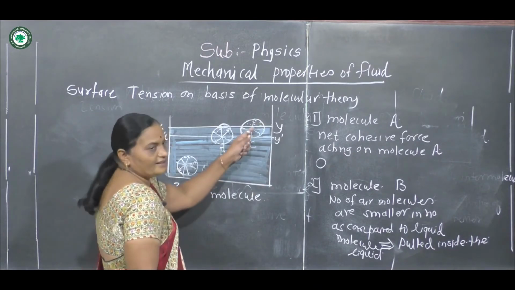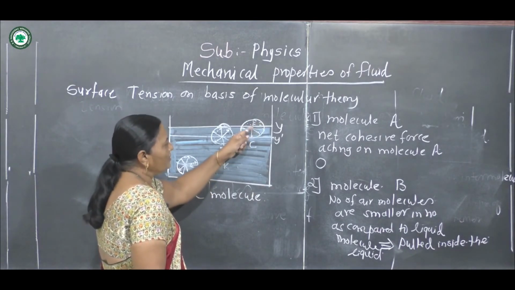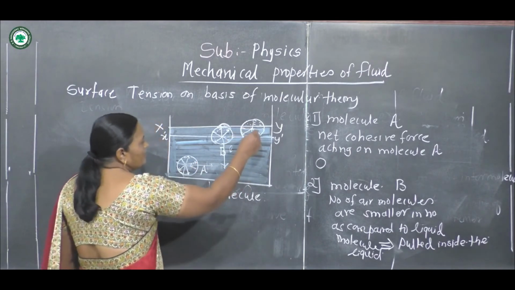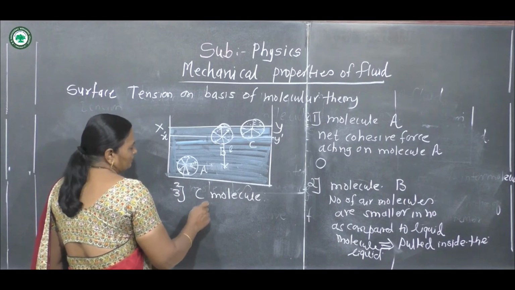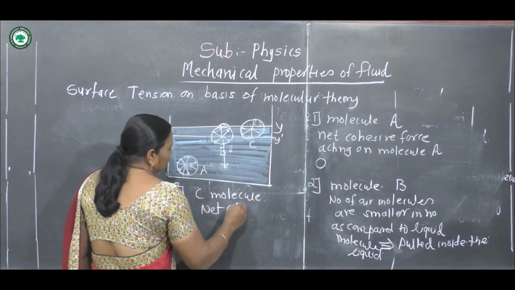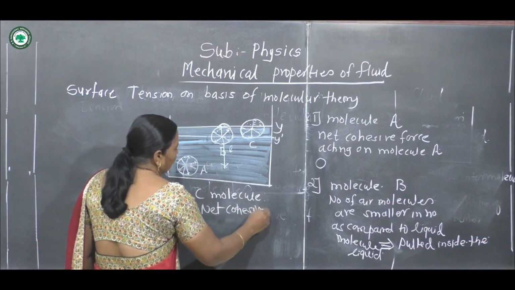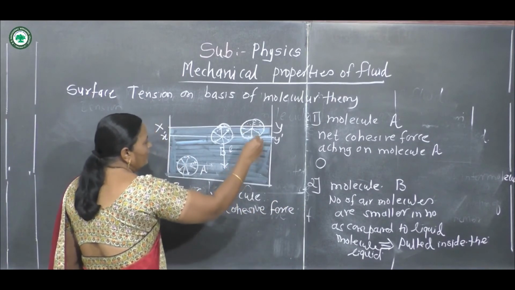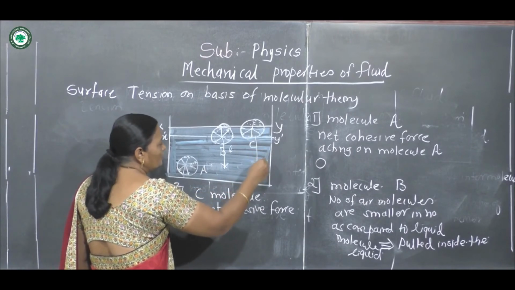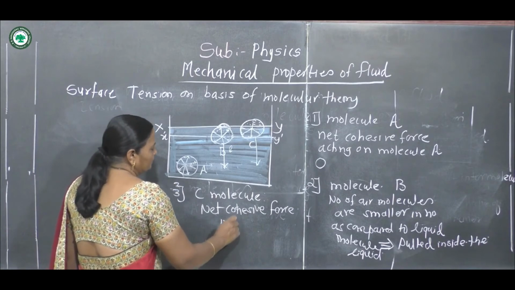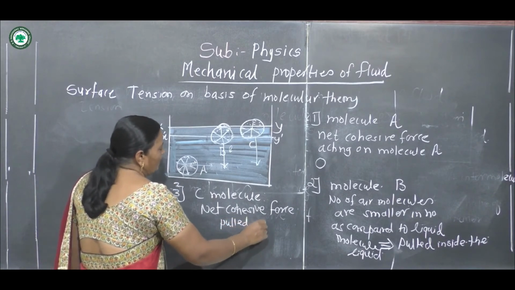We know the density of air is smaller, hence again there is a net cohesive force. It is stronger, and molecule C is also pulled inside the liquid.